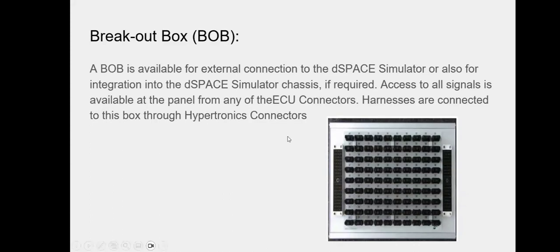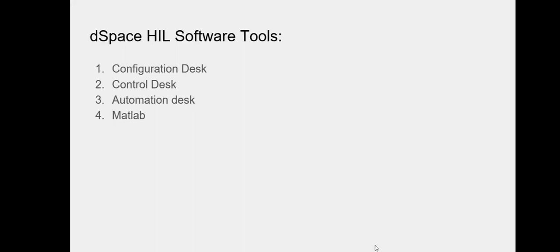Through this we can access all the signals, whether CAN signals, digital IO signals, or analog signals. Whatever inputs and outputs the ECU gets, we can access here. Those are the hardware-related items.